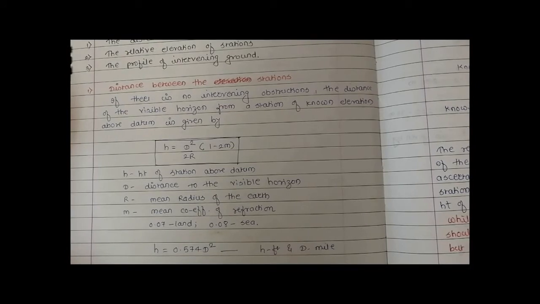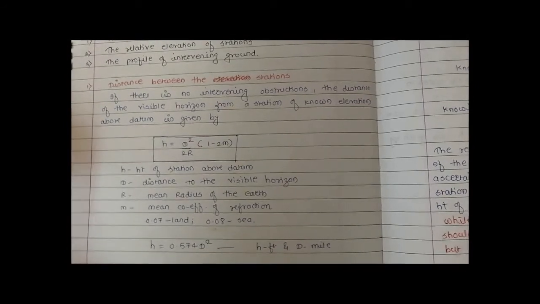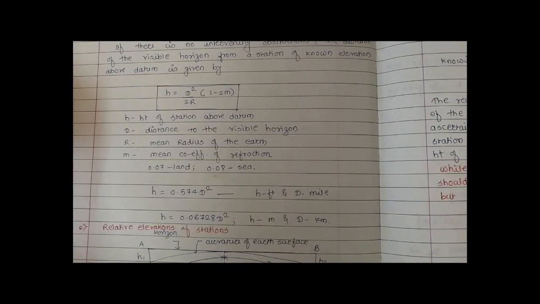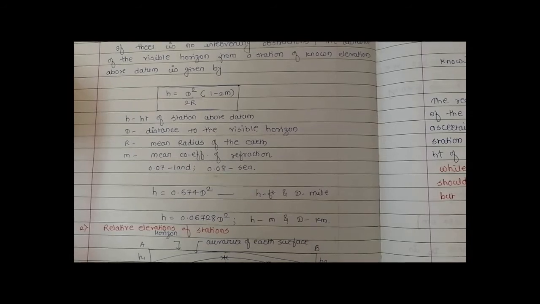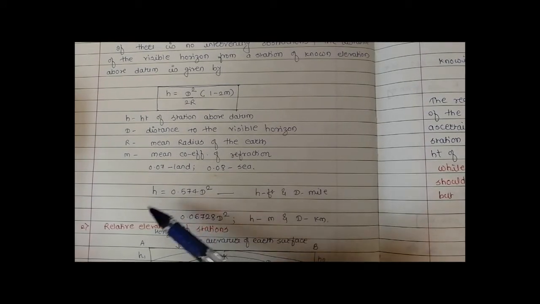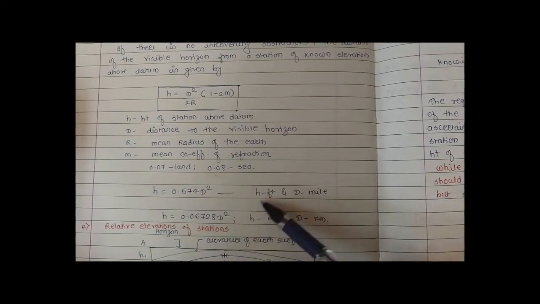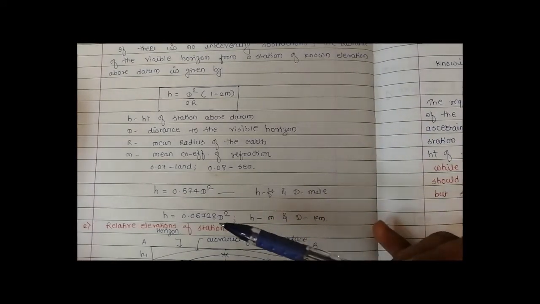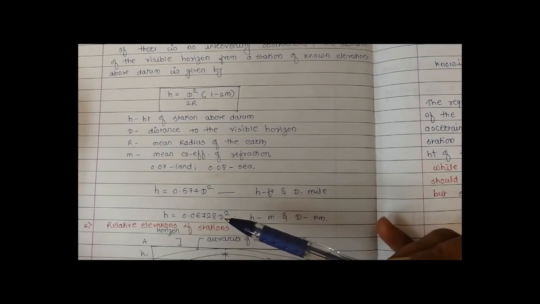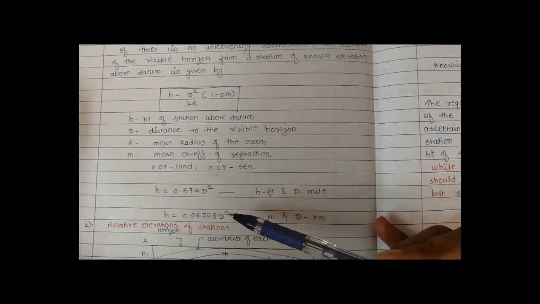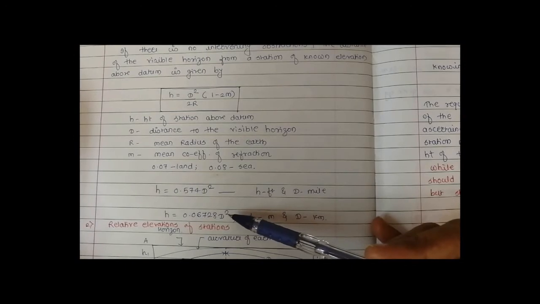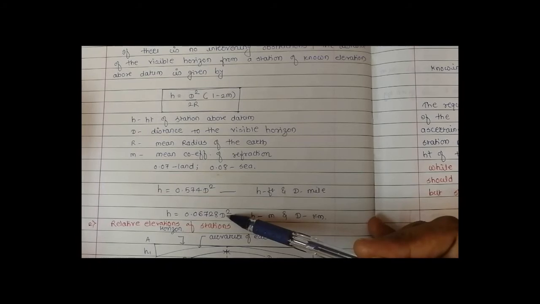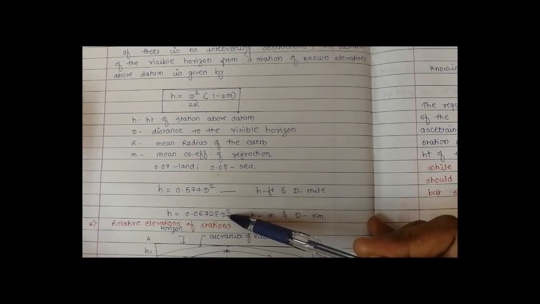Now if we substitute the value of r in the formula, it reduces to h equals 0.06728 into d square, where h is in meters and d is in kilometers. It is necessary to know that in this formula d is the distance of the station from the tangent point, that is, from the visible horizon point.